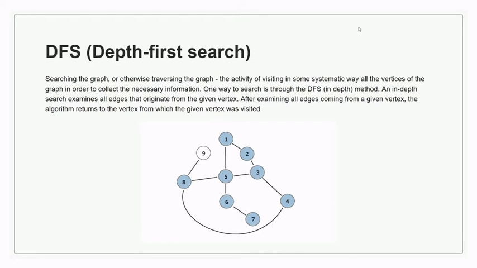One way of searching a graph is through the depth first search algorithm. The strategy of such a solution is very simple. From the initial vertex, we go to the first vertex connected with it. Let's call it vertex A. Then we go from vertex A to the first so far unvisited vertex connected with it.